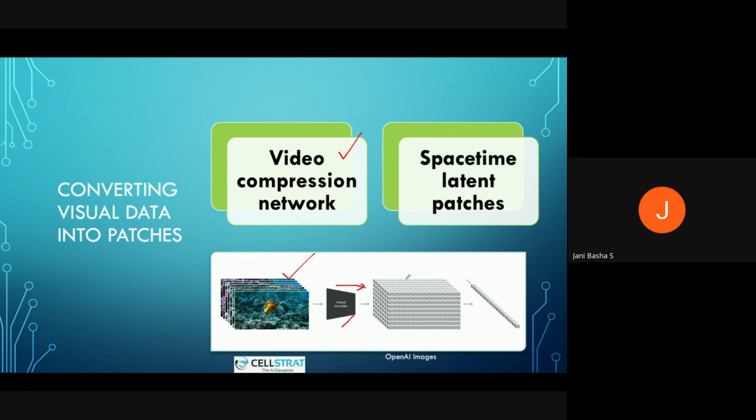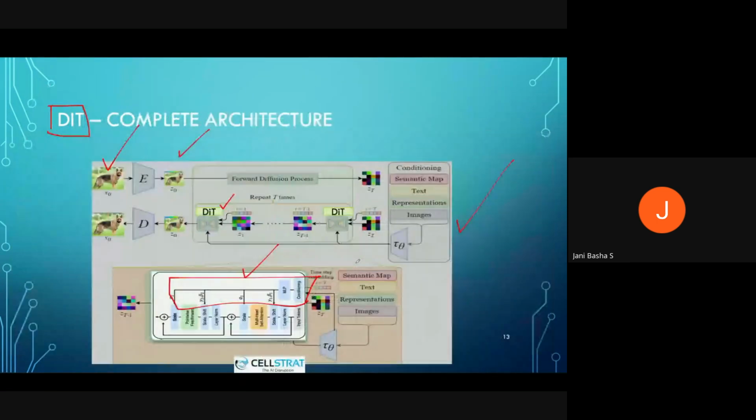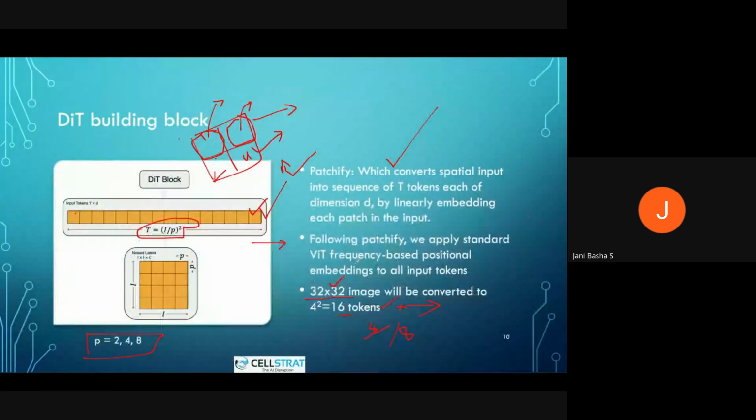The difference here is that earlier we were generating patches. If we ignore the RGB channels, we can consider it a two-dimensional image, with just width and height.